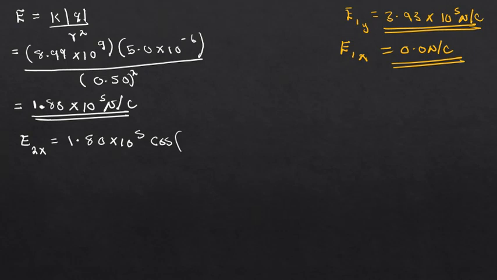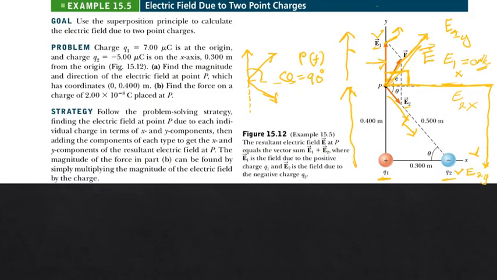Alright, so for E to X, when you check what we have here, notice that we want to find for Q2. So if we're using cosine, it is equal to adjacent over hypotenuse.